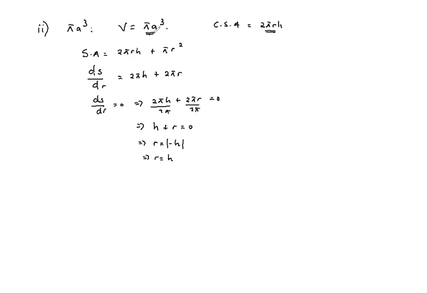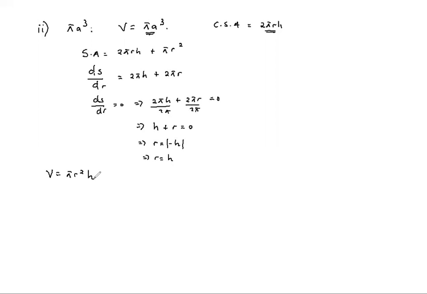What's the formula of the volume of a cylinder, which is open up and closed? Pi r squared height. So the volume is going to be pi r squared height.